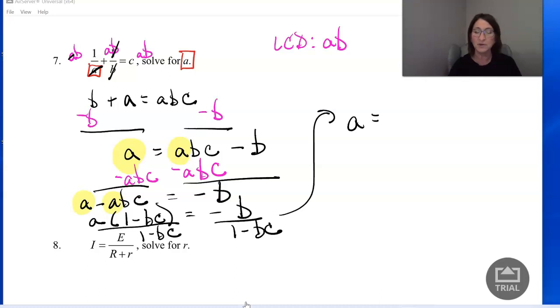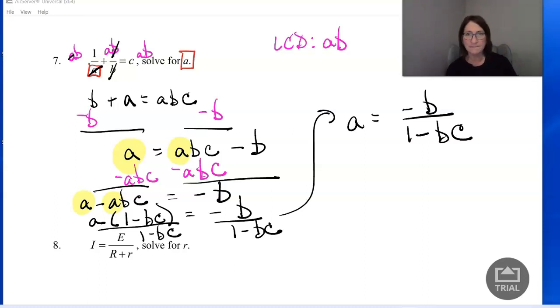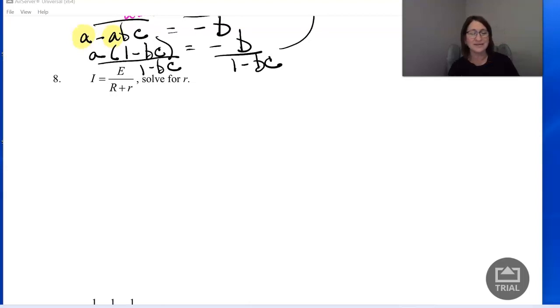A is equal to negative B over 1 minus BC. Okay? All right. Let's go ahead and look at 8, because that last one was kind of tricky.